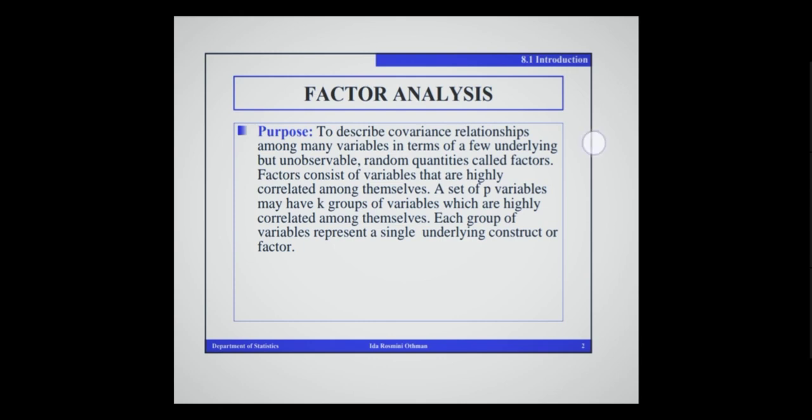Okay, so the main purpose of the factor analysis adalah to describe the covariance relationship among many variables in terms of the few underlying random quantities called factors. Okay, so means that we will observe the covariance relationship.